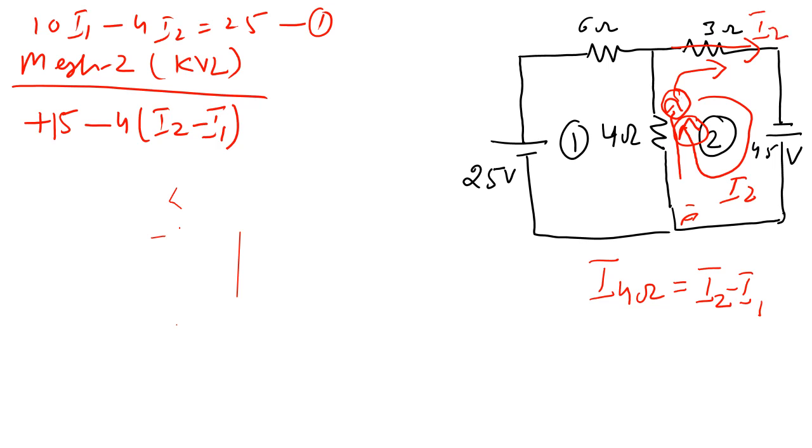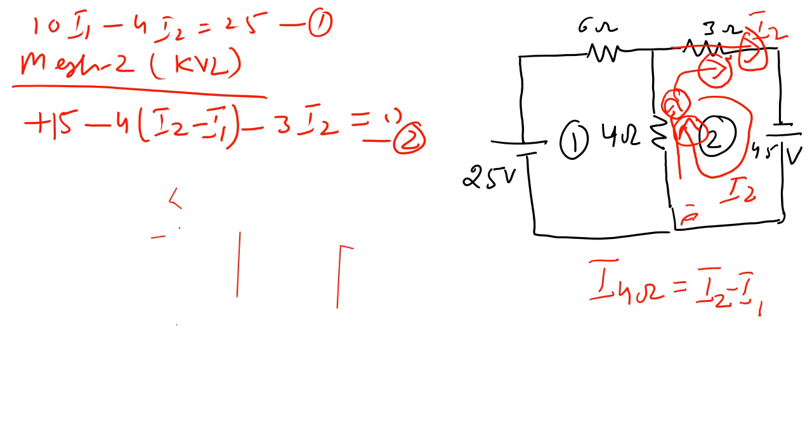This is the direction of the mesh or loop, and this is the direction of the current, so they are the same. So it is minus 3I2. So the equation will be like this, and this is equation number 2.